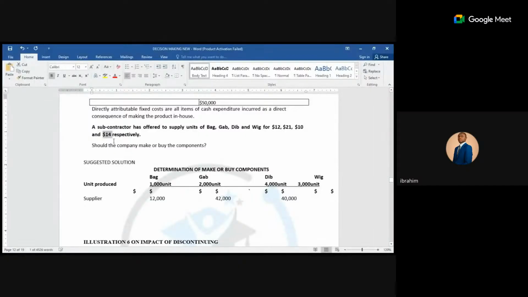So 14 times wig. Wig is 3,000 units. That's 42,000 naira. We need to adjust.